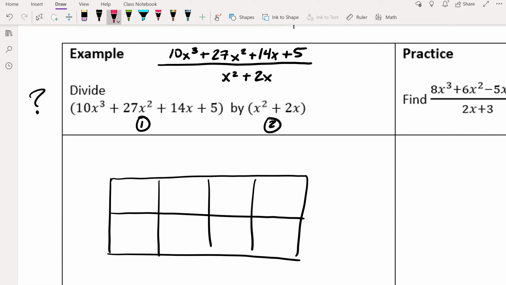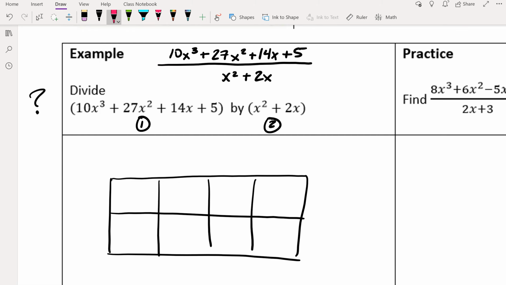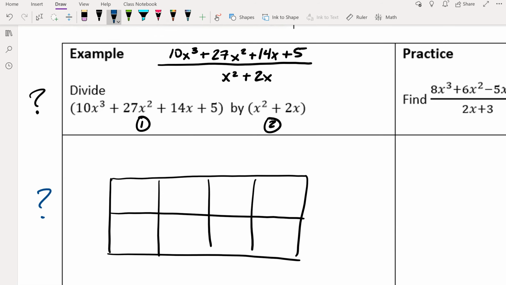Okay, what should always go on the side of your box? Should you put expression 1 or expression 2 on the side of your box? If you want, you can look up here to answer that question. All right, number 2, expression 2 should go on the side of your box, x squared plus 2x.